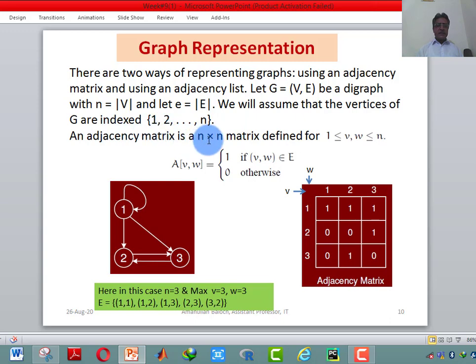An adjacency matrix is an n cross n matrix defined for V, W such that 1 is less than or equal to V, W, less than or equal to n.